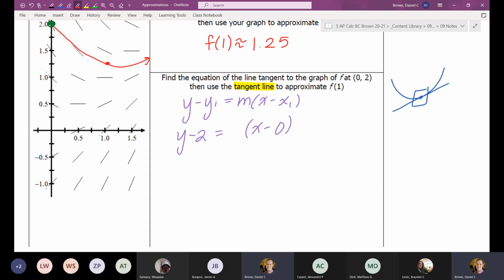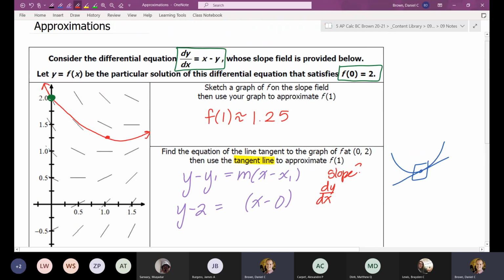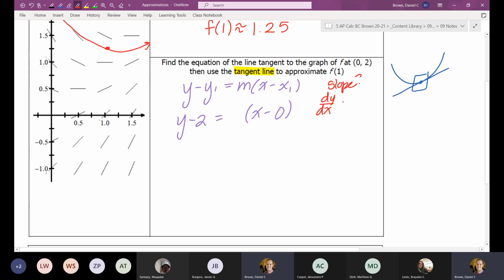Well, to find the slope, what do we use in calculus? The derivative. Well, what is the derivative for this problem? It is dy/dx. What was dy/dx? x minus y.